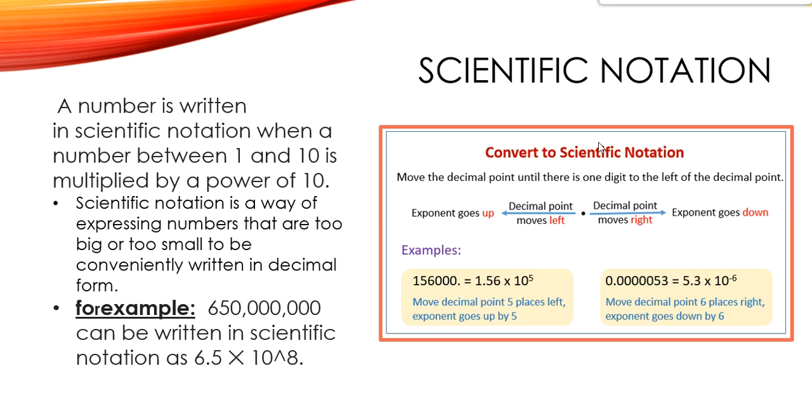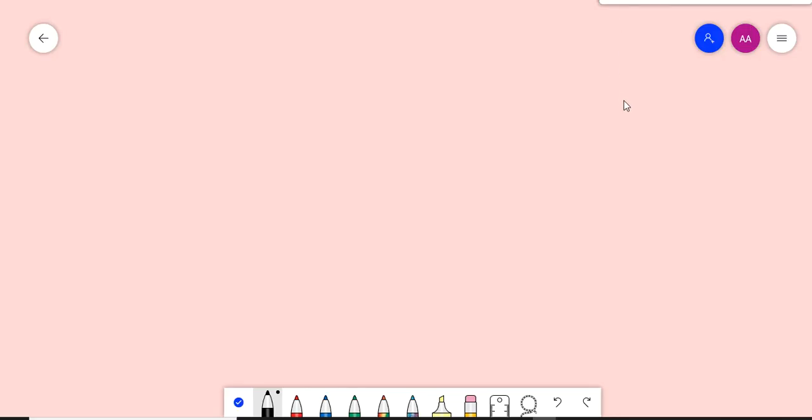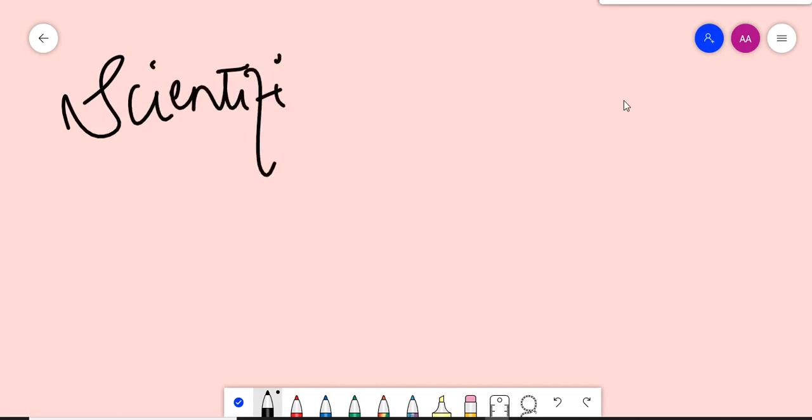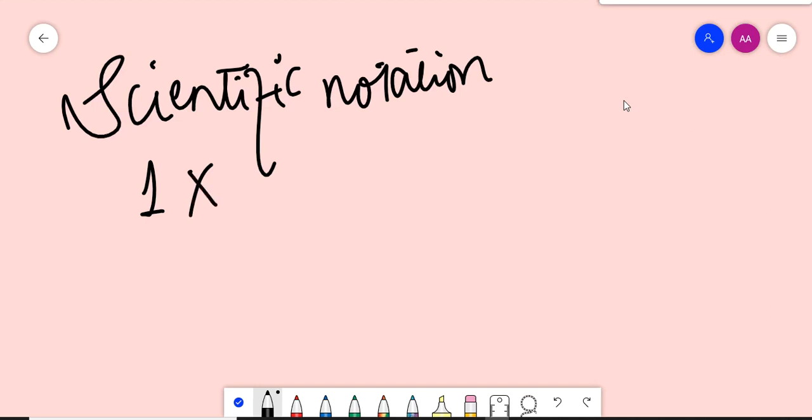We can take different examples. Here we can take an example of scientific notation. Any number that is multiplied by 10 raised to the power n.